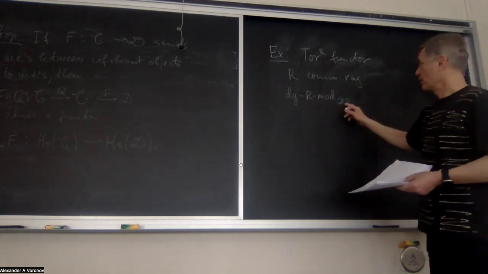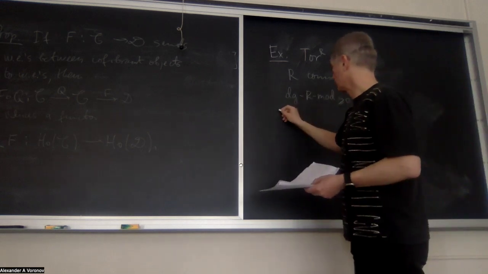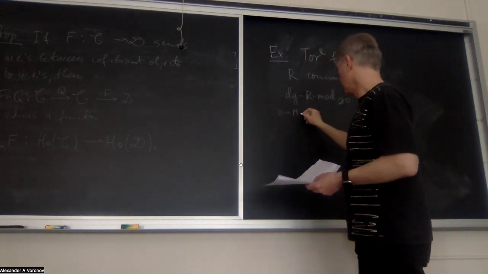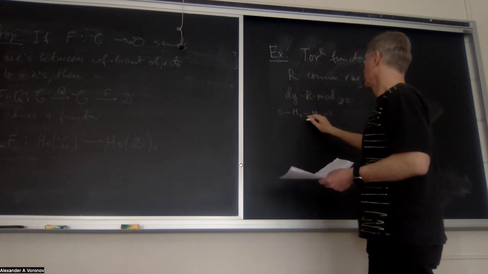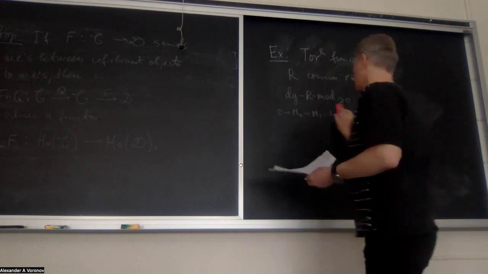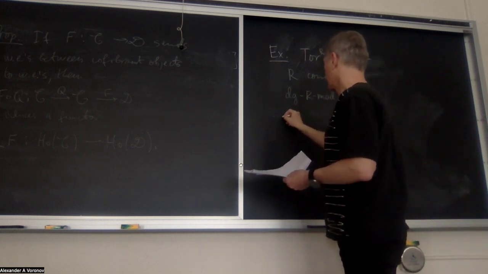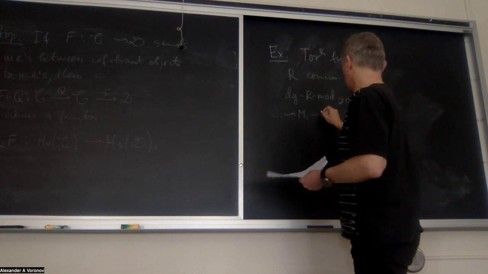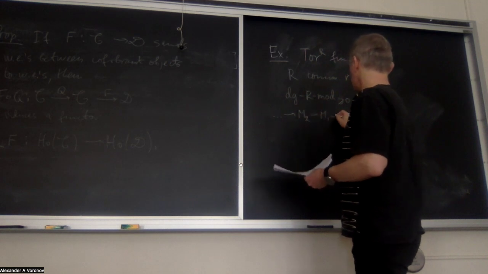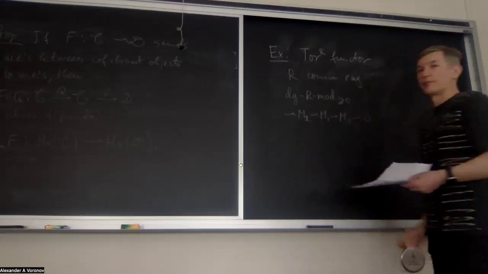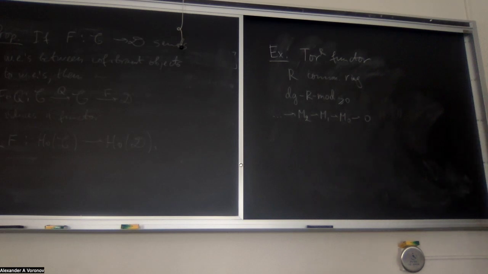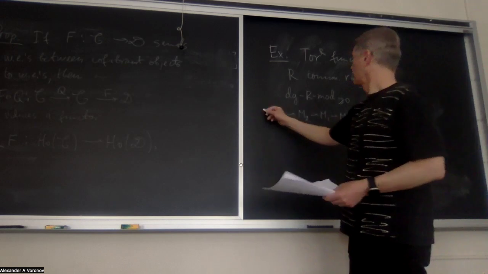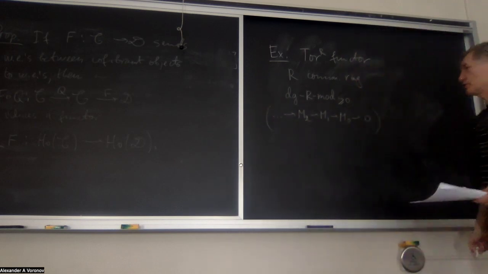So these are complexes like 0, M0, M1, going to the left, right? So dot M2, M1, M0, and 0. So the differential has degree -1, but the grading is non-negative. So these are the objects of this category, right?